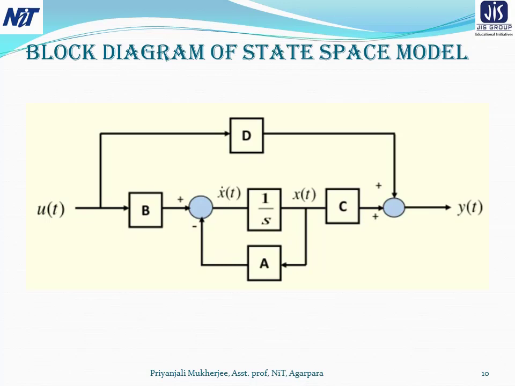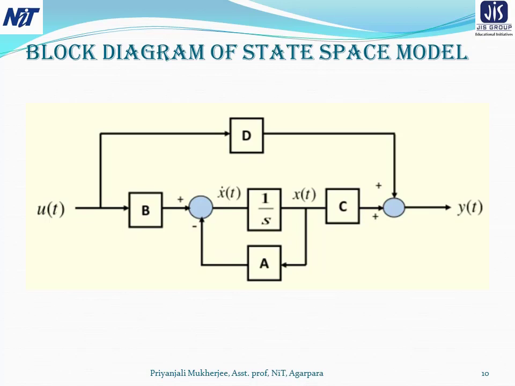Here we can see that u(t) is the given input and y(t) is the output. These are the summing points or the summers, and this one is x dot t. After integration it becomes x(t), and the equation is x dot t equals A into x plus B into u.